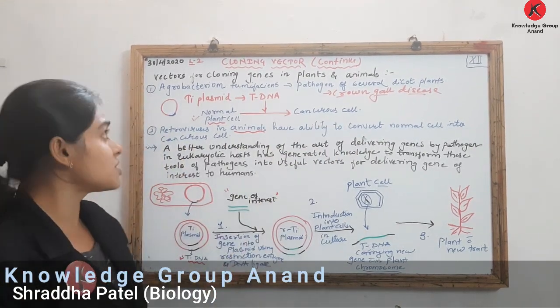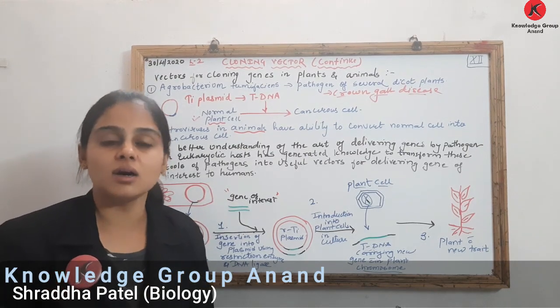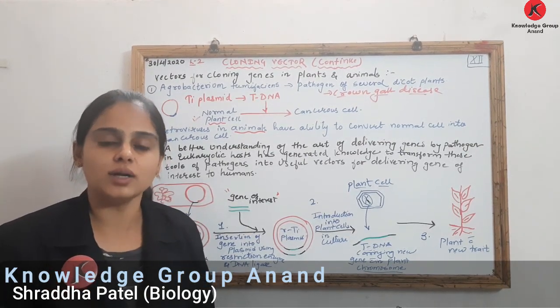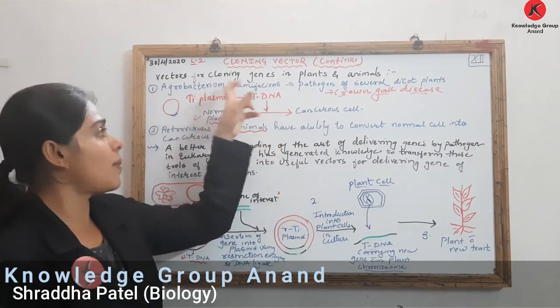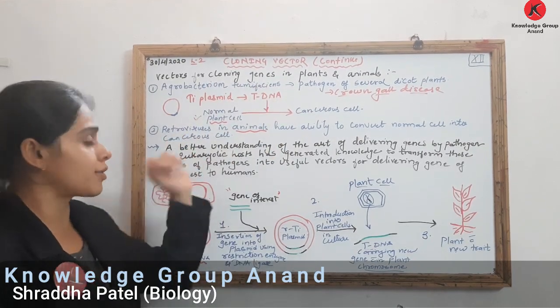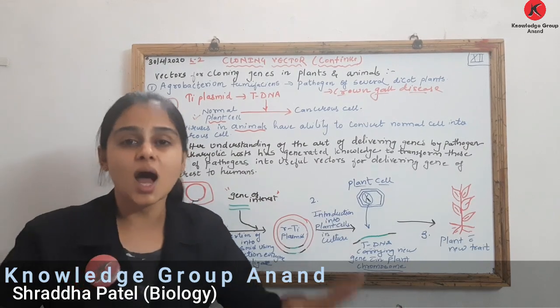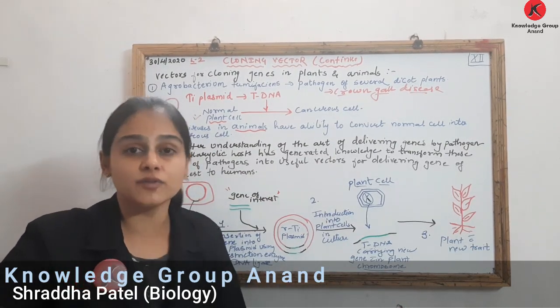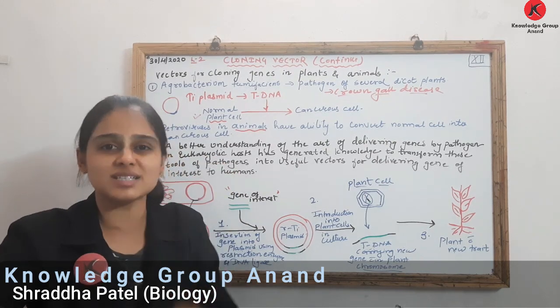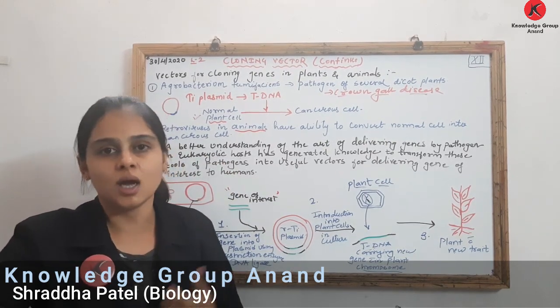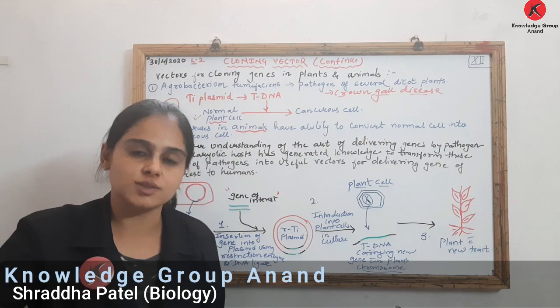So this is all about your cloning vector. I hope you understood it well. Once again, two things you have to remember: Agrobacterium tumefaciens and retroviruses. We have understood the art of delivering genes. We have modified that particular segment and now we are using the same for delivering our gene of interest. Thank you.